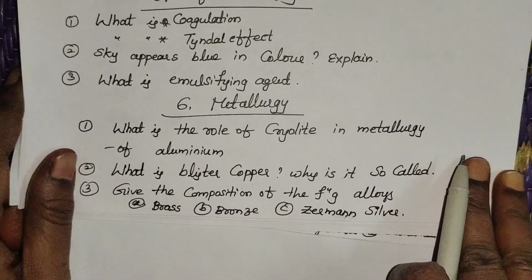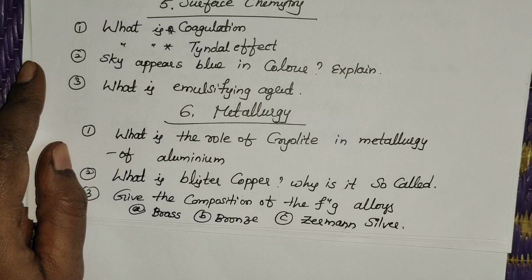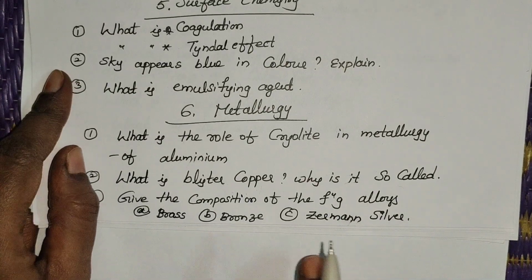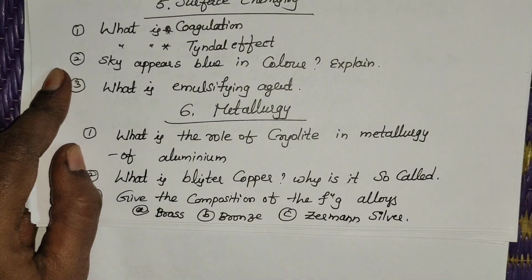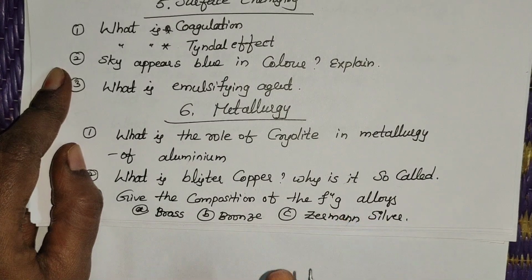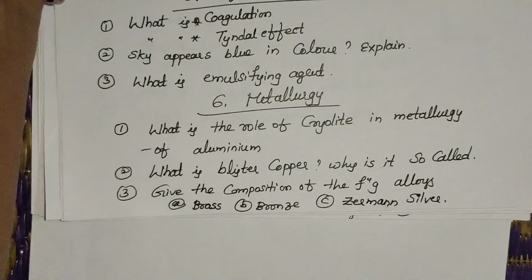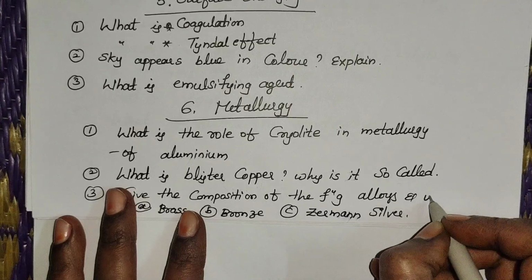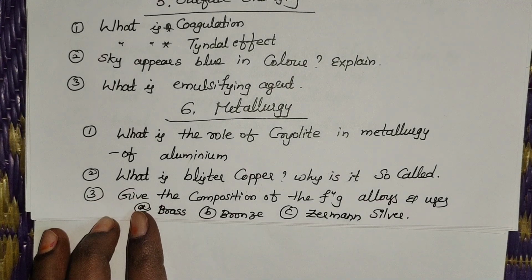Alloy compositions are very, very important. You have to give the information on the percentage of each metal in the alloy, the mixture of metals, for example brass, bronze, German silver: how much the copper percentage, how much the tin percentage, how much the zinc percentage. That is the question, composition of alloy. From alloys we may expect one more question, alloy uses, where we use them in our daily life.